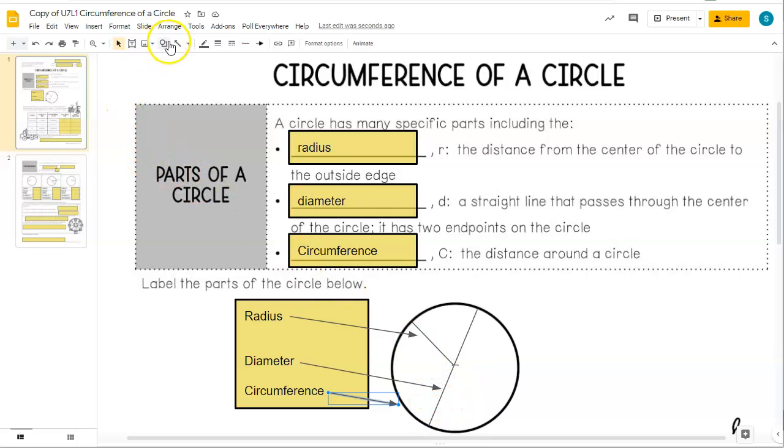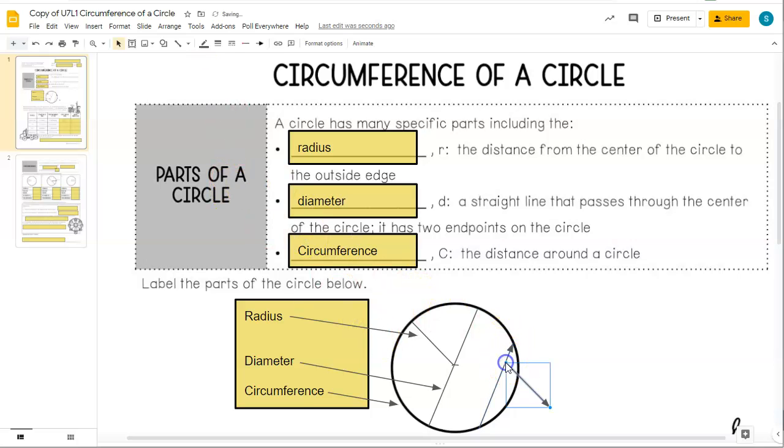We have another one that we want to introduce. It's called a chord. Oh, that's supposed to be a line tool. Let me switch that to a line. Delete.